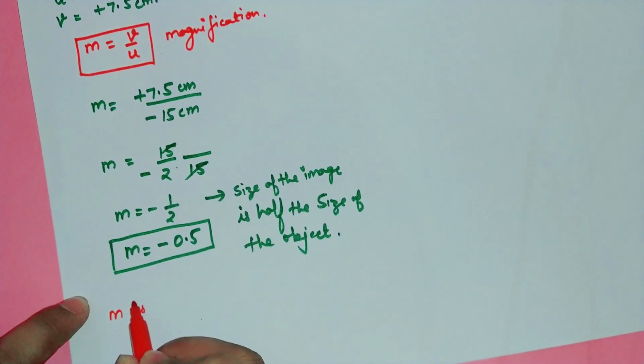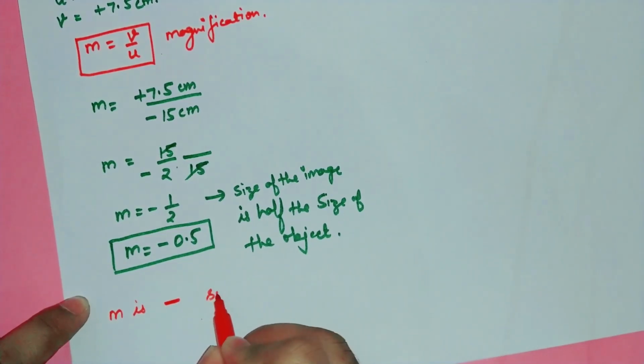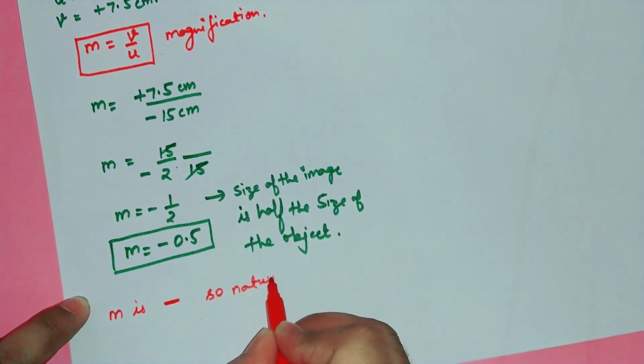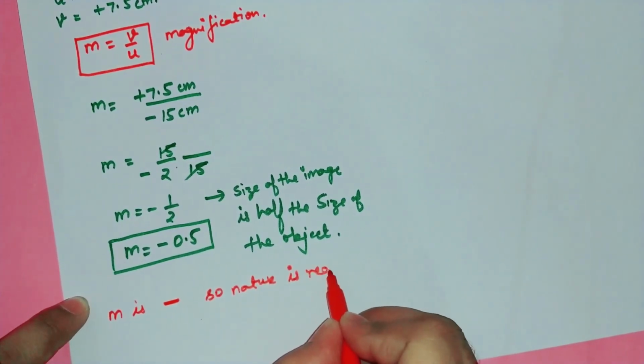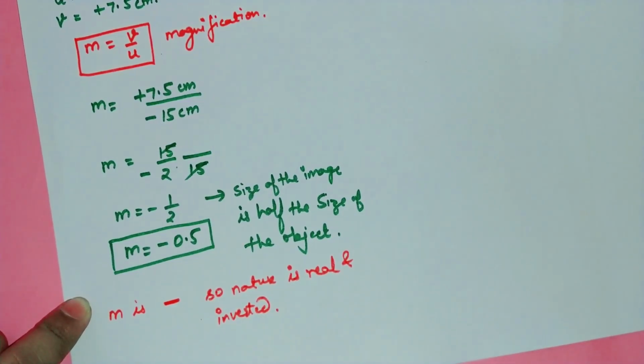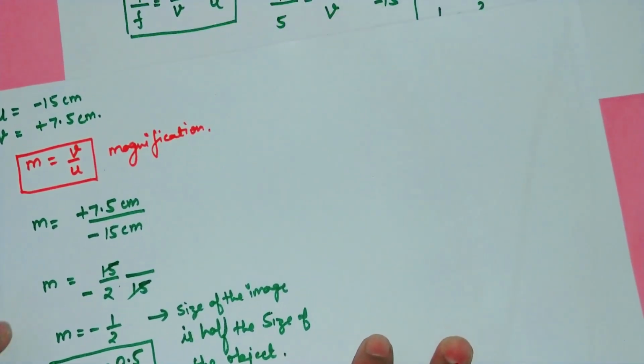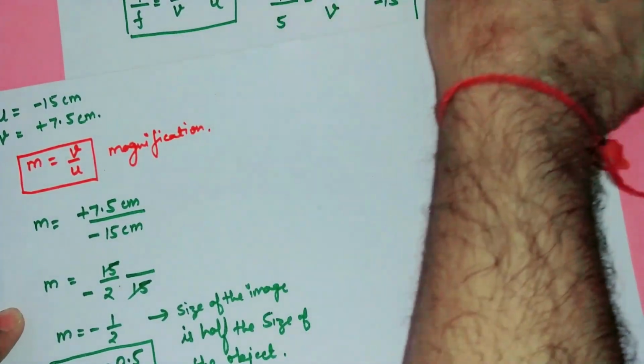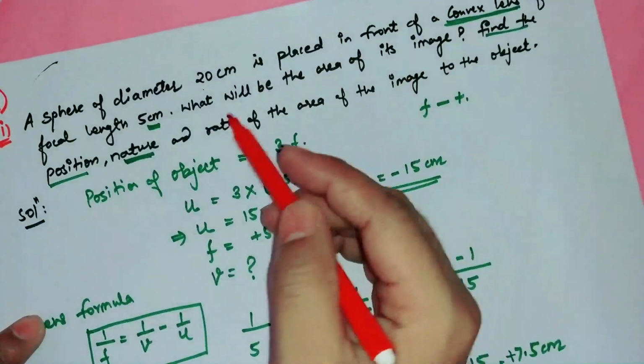Magnification is negative, so the nature is real and inverted. Clear? So the nature is real and inverted.